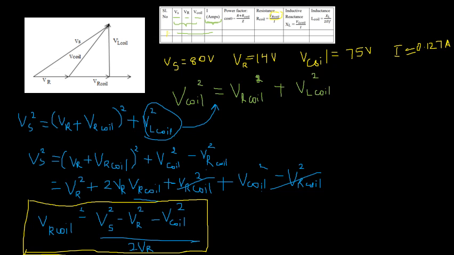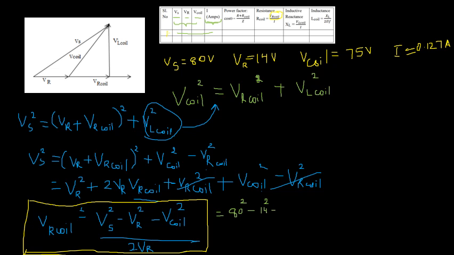So in your tabular column you have VR coil. If I calculate the value of VR coil from this equation, I have the Vs value obtained as 80, so Vs square becomes 80 square, minus VR, which is obtained as 14, so VR square is 14 square.